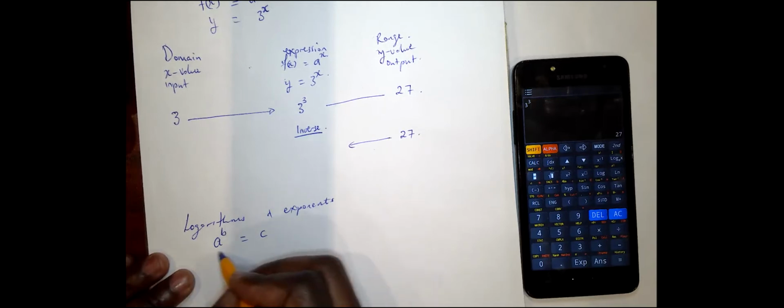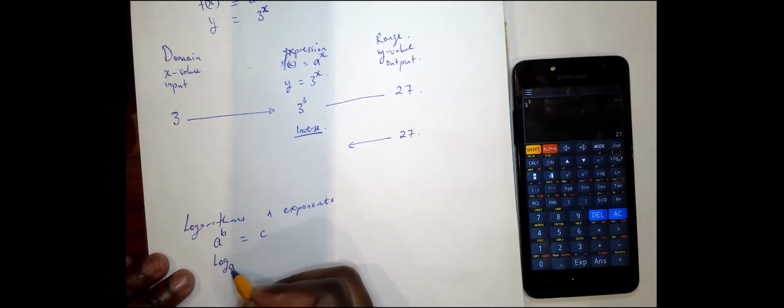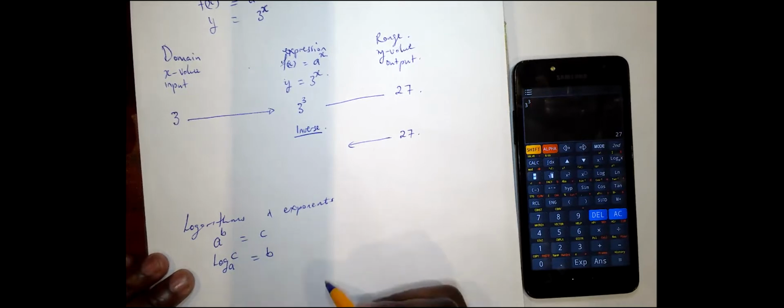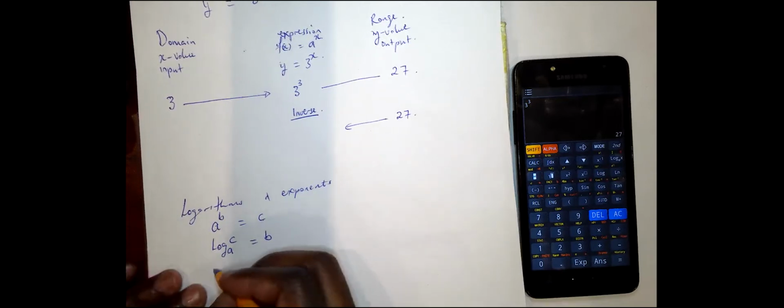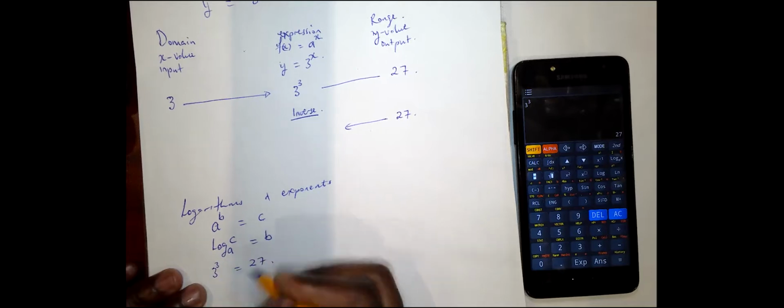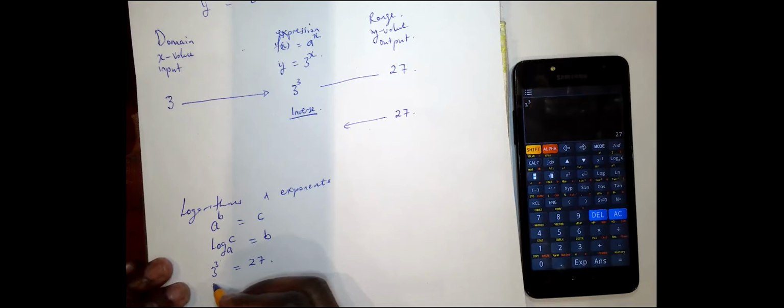In this case, the relationship between these two is log base a of c must give us b. What am I saying here? If we say 3 to the power of 3 is 27, then log base 3 of 27 must give us the same answer.